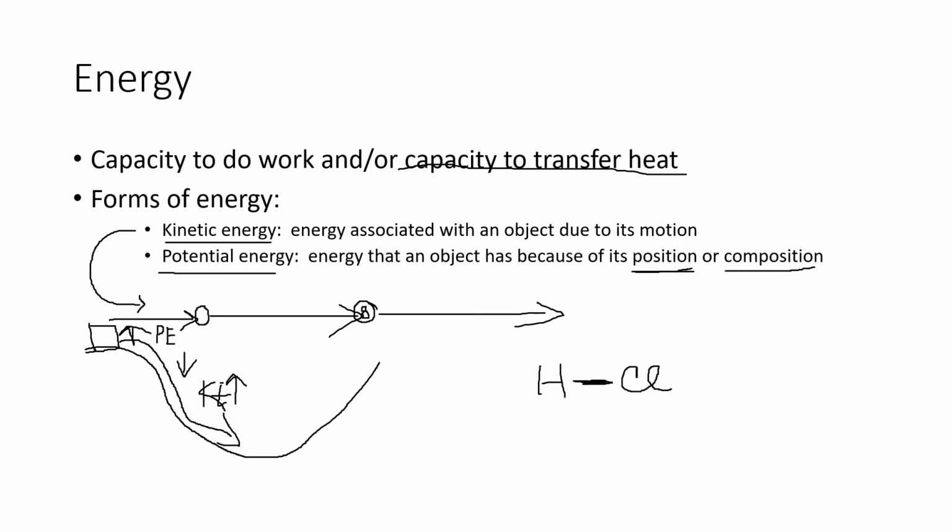It can also apply to an ionic bond, and we'll see evidence of that in our calorimetry experiments. But there is potential energy or chemical energy stored in that bond. Okay, so that's potential energy because of its composition.